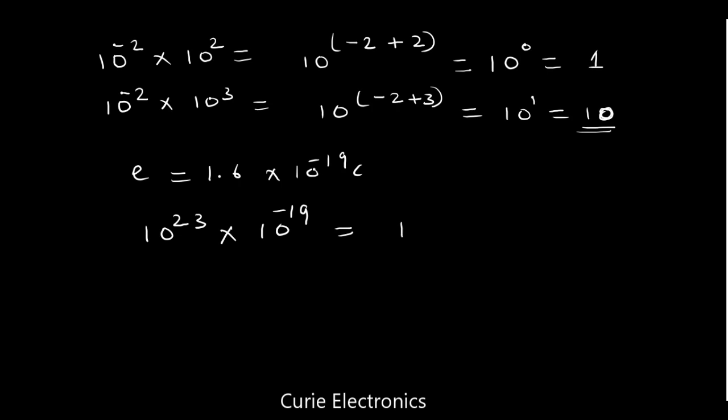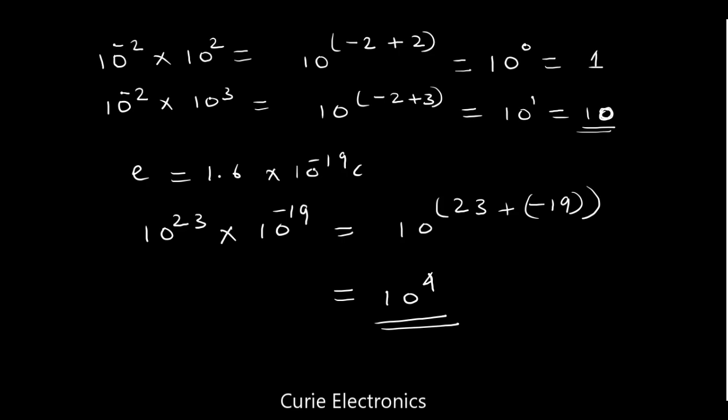You get 10 to the power 23 plus minus 19. So what do you get? Which is equal to 10 to the power 4. So 10 to the power 4 is the answer. I hope now you understood how to simplify with the power terms.